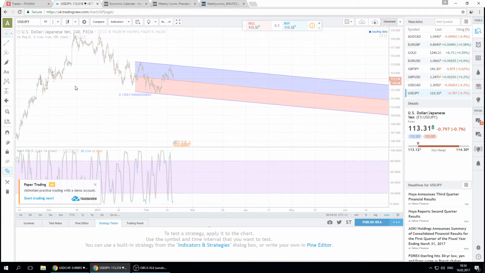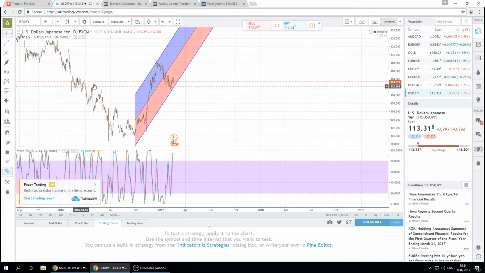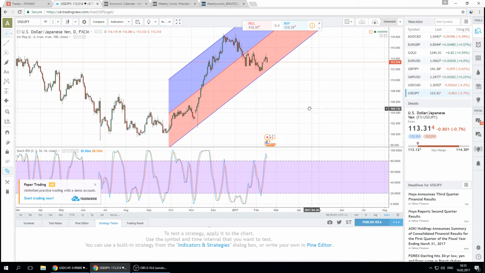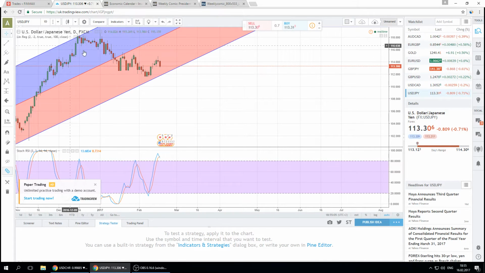Let's switch to 1 day. 1 day shows us that the global price for the American dollar is going up. We see here that each candle shows us the changes in price for 1 day.